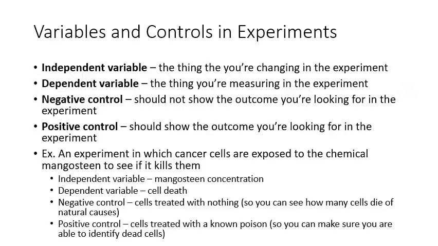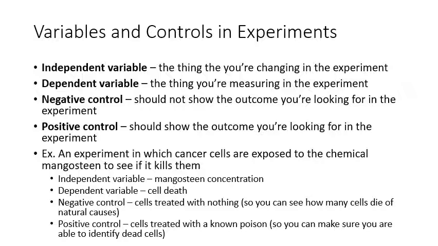If your control is going the way you expected, then you get to use that control as a basis for comparison to help you interpret your results. So you get to say 5% of cells die in the negative control of natural causes. In the mangosteen treated cells, 15% of them died, so that's more than we would expect to die of natural causes. Therefore, mangosteen does actually have some toxicity against cancer cells. So that's the negative control.